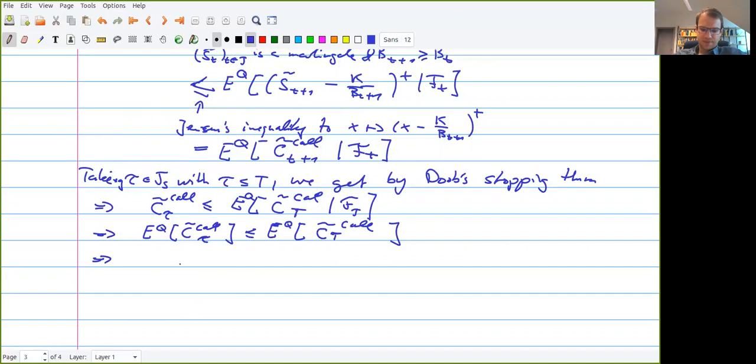So in other words, if I maximize over all my stopping times, which are supposed to be less or equal than T, this is always less or equal than if I decide to stop at the terminal time.